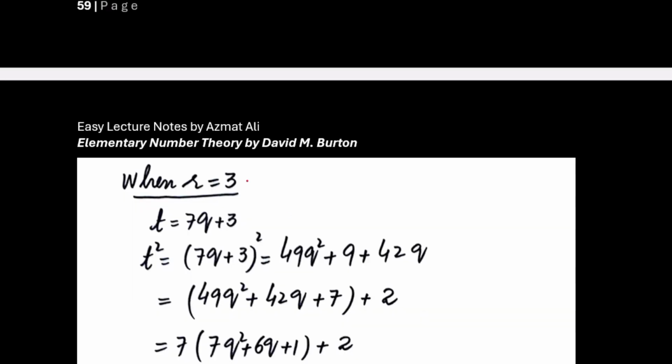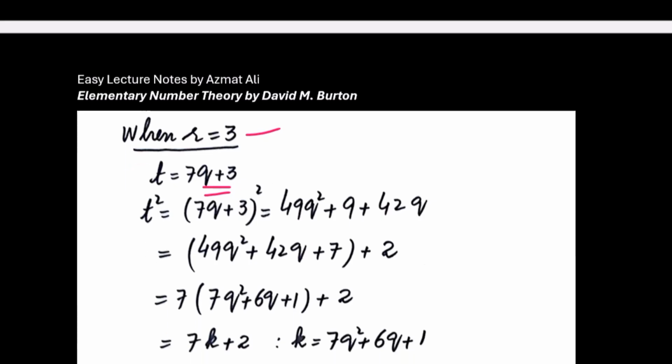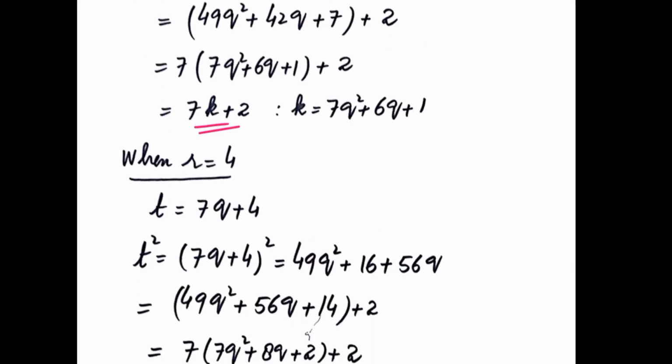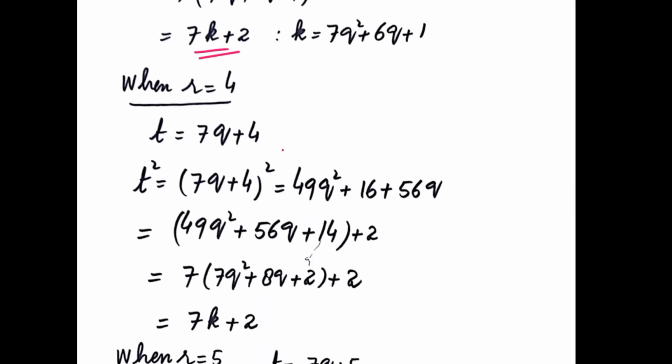When r is 3, my number t is 7q plus 3. When you take the square, I have the form 7k plus 2. Similarly, when r is equal to 4, after taking the square and some calculation, I reach 7k plus 2 again.